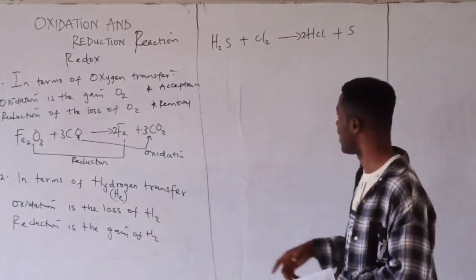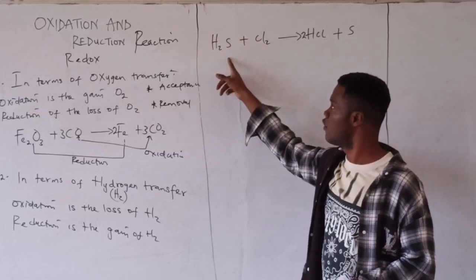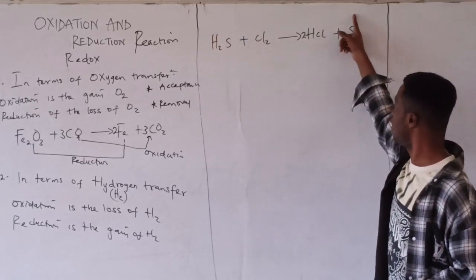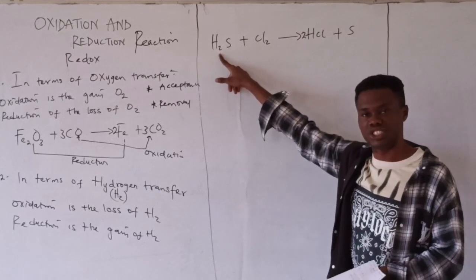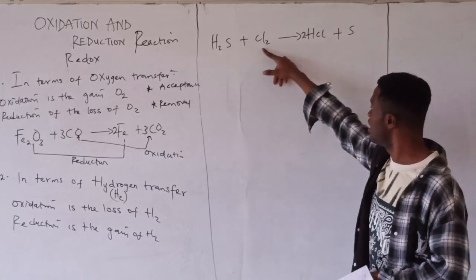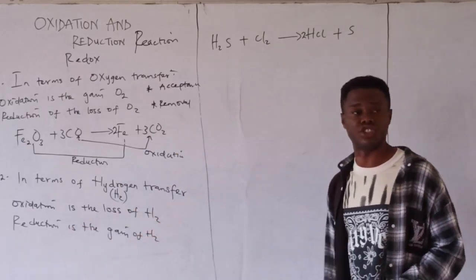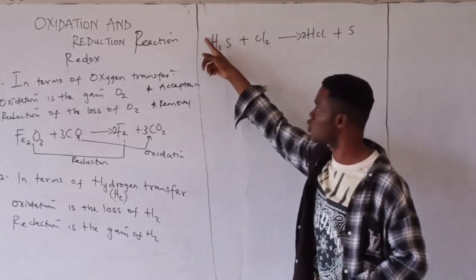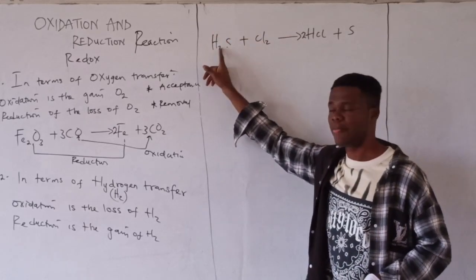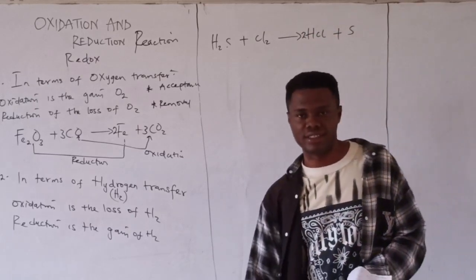So looking at hydrogen sulfide, it means that sulfur has been oxidized because it has lost hydrogen. And chlorine, on the other hand, reduction is the gain of hydrogen, right? So chlorine has gained hydrogen that was lost by the sulfur, hence reduced to hydrochloric acid.